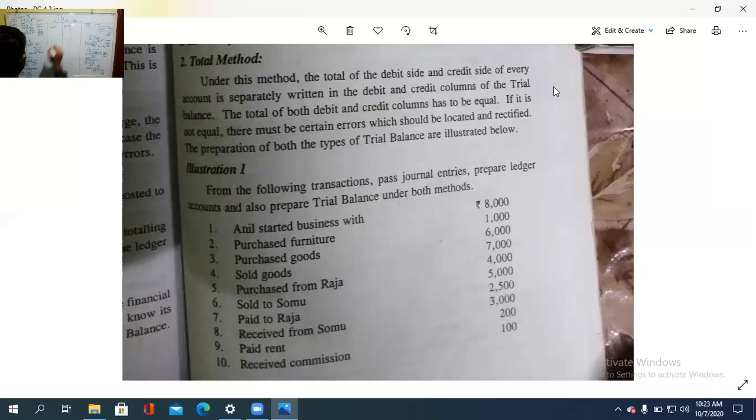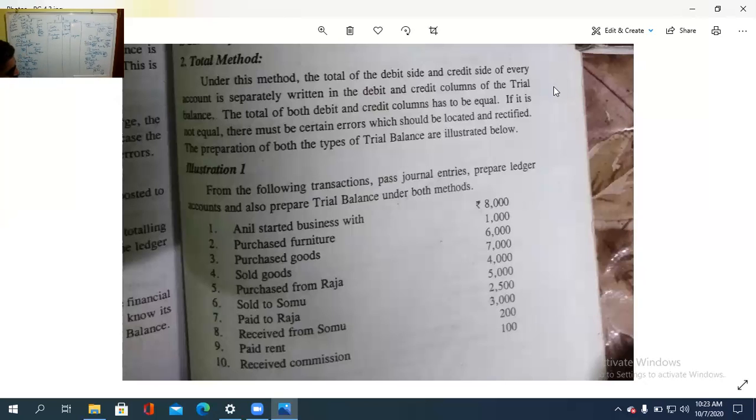8,400. Okay. Then in furniture, firstly we need to put it as the asset items. Furniture it is 1,000. Purchases it is 10,000. Sales it is 12,000.